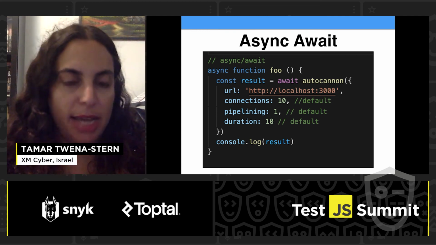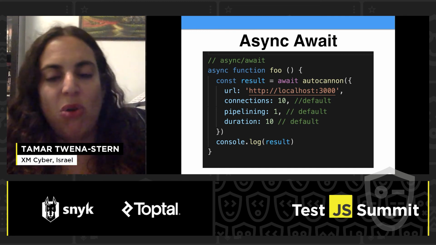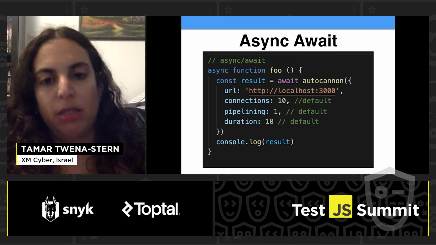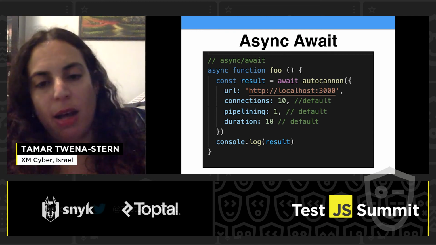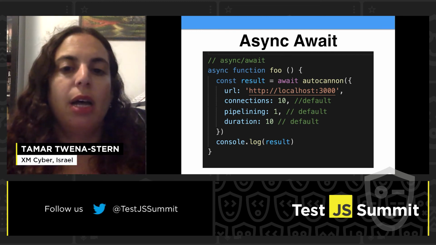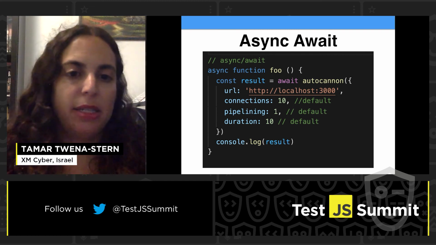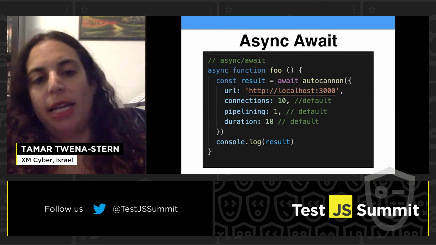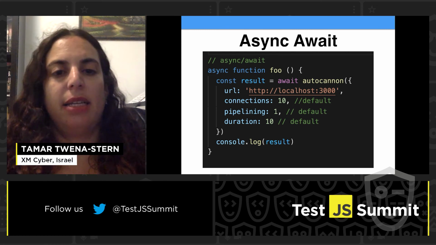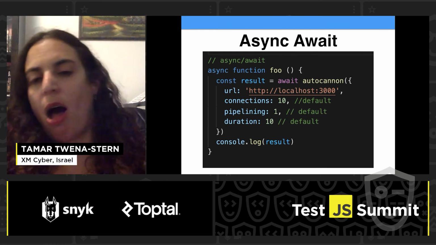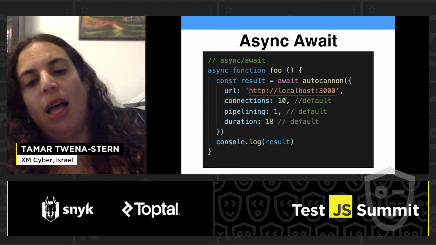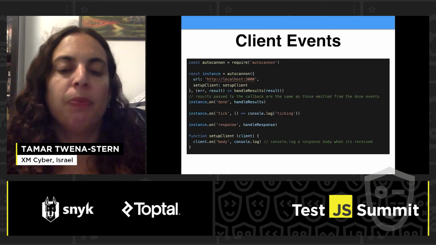Another example is with async await. Most of us are working with async await in modern Node.js code. Here, you're creating an instance, waiting for it to finish the run, and then you print the results.